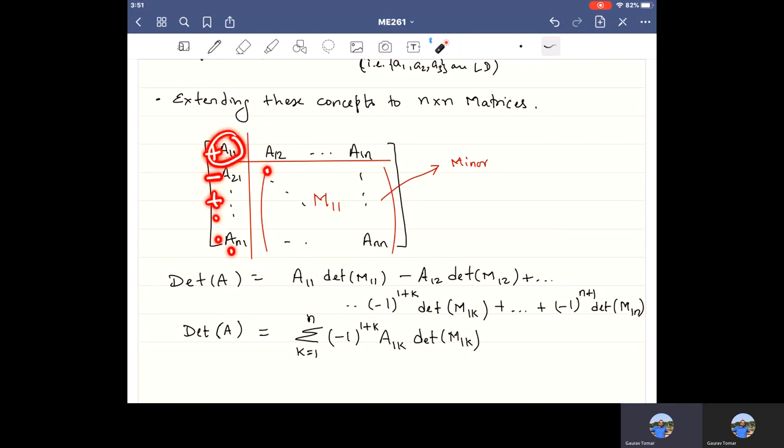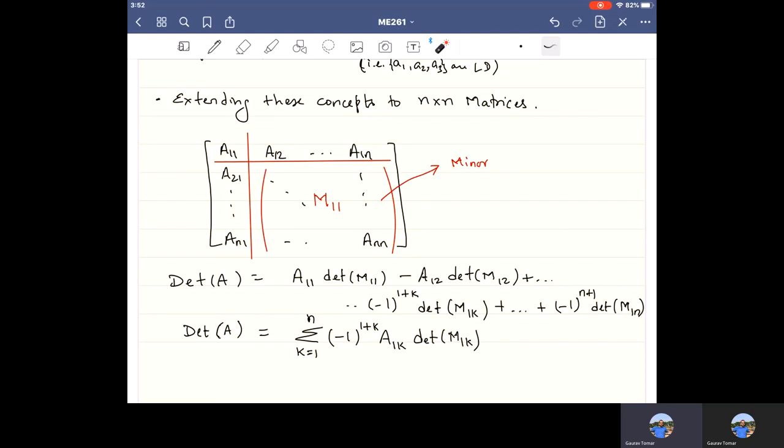For this element, the matrix would be given by this. For this particular term, you take away this part, and you take away this part, and the remaining part together will form the submatrix whose determinant you can calculate.